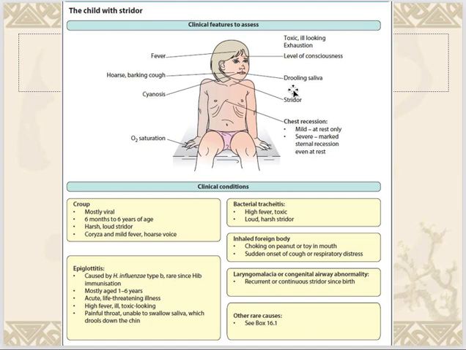When someone is having drooling saliva, it means that there is a blockage and they cannot take the saliva in, so the saliva is coming out from the mouth. And check for the stridor and chest recessions, which are mild when just present at rest, or could be severe when even at rest there are chest retractions, right?